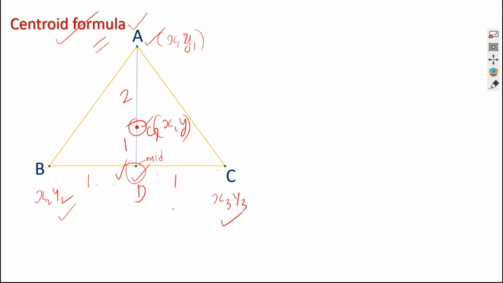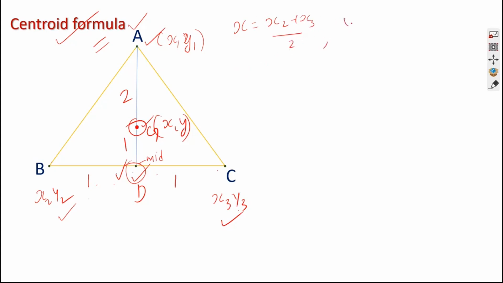To get the x coordinate of D, applying the formula, as the ratio is 1:1, we will be simply writing x2 plus x3 upon 2, the midpoint formula.